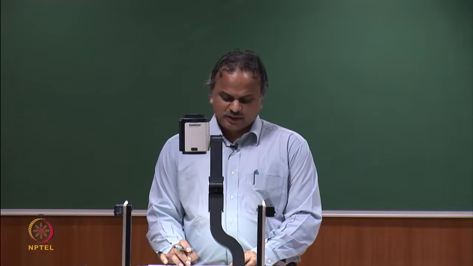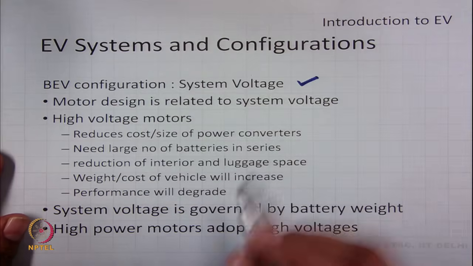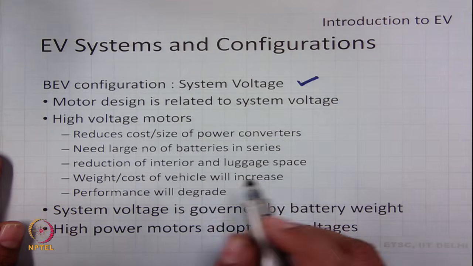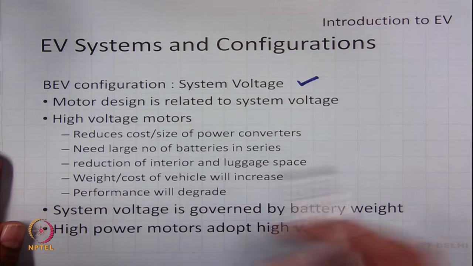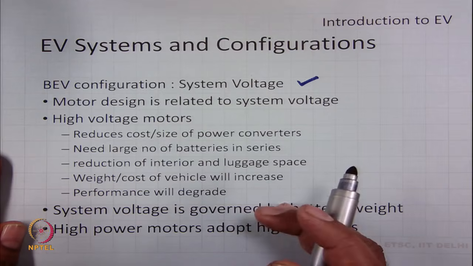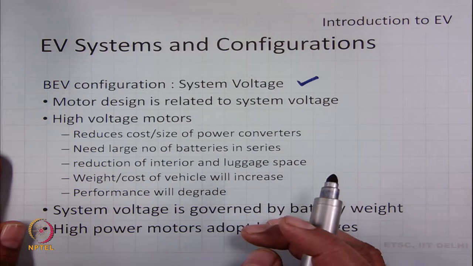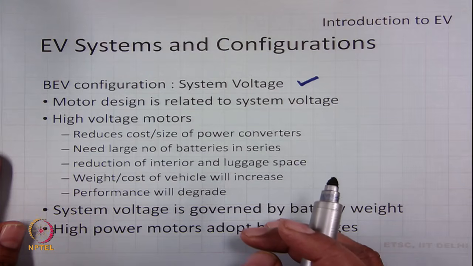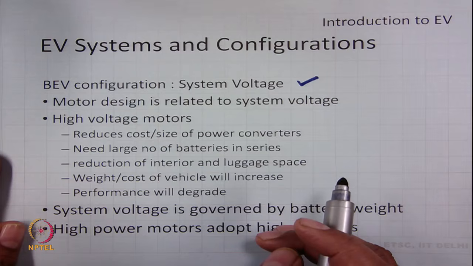So, in a BEV configuration, how do we decide the system voltage? The system voltage can range from a 12 volt system, 24 volt system, 48 volt system, 96 volt system, or it can go even higher to 300 volts and 600 volts. So, what decides this system voltage?